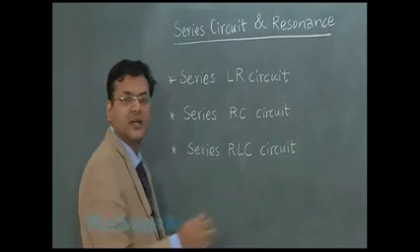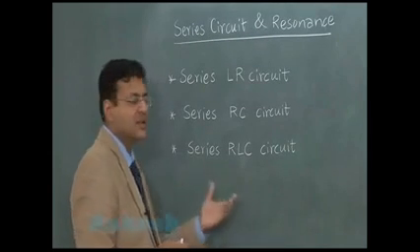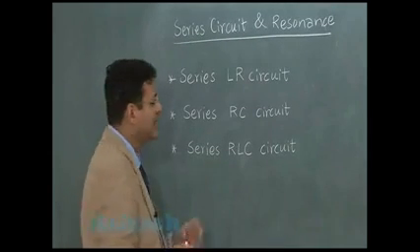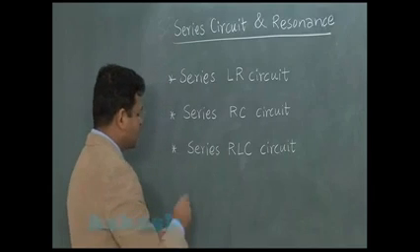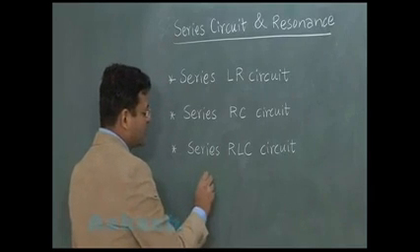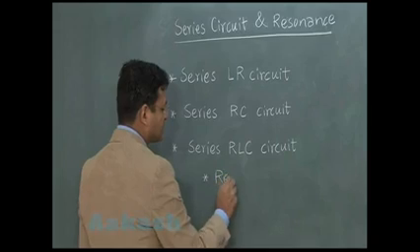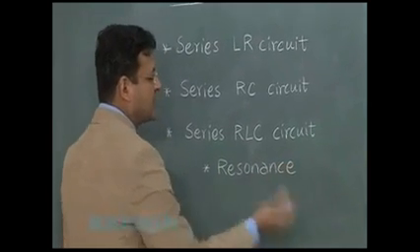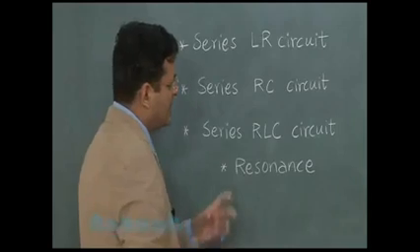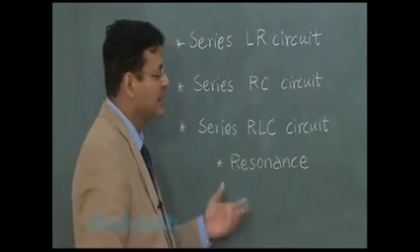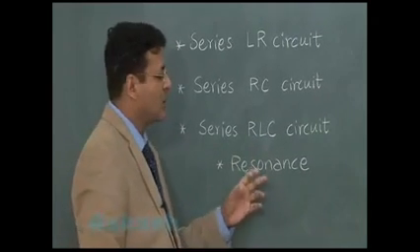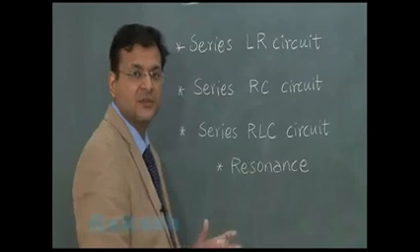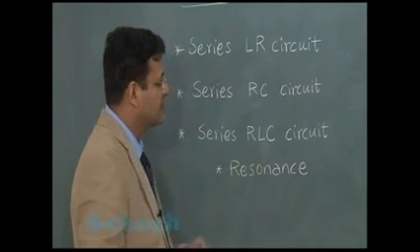We also saw that voltage across inductor and capacitor, they are always out of phase by 180 degree. And here we discussed a very important concept called resonance, in which we had several implications involved. The resonance frequency was a kind of frequency at which the current flowing into the circuit was maximum.